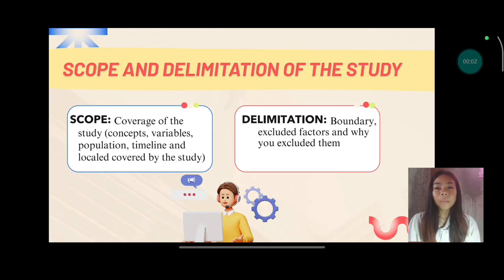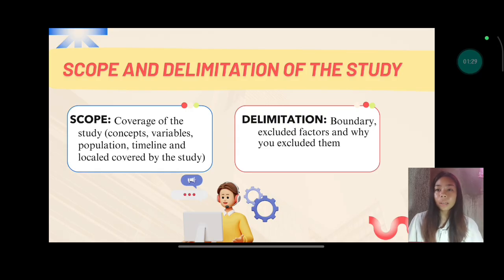If we summarize this as the study coverage, you will list the variables that are involved, whether independent or dependent, and enumerate them all here, including the subtopics or subconcepts of your variables that are included in the study conceptual framework. You need to write it again in the scope, which is the coverage of the study: concept, variables, population, timeline, and locale covered by the study.